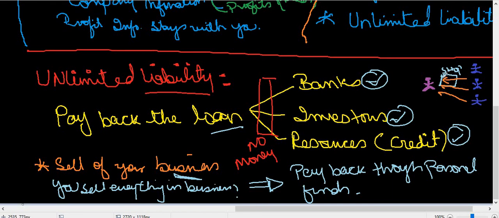What if the business fails? You sell off your business, sell off, pay them back, still you can't clear out the debt because the debts are higher than what your business is worth, so you pay from your personal funds.